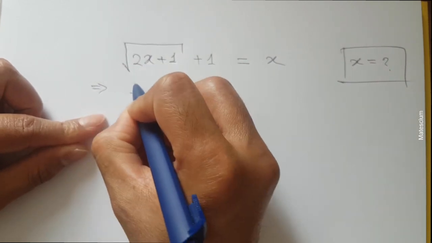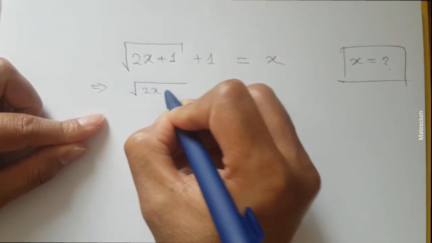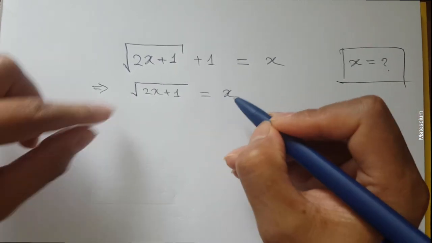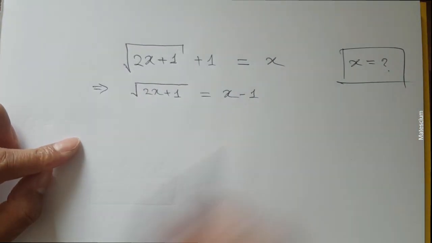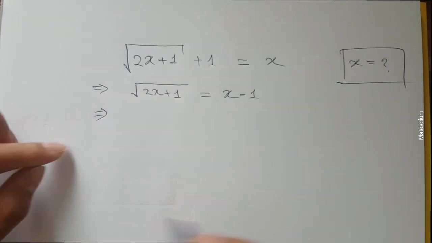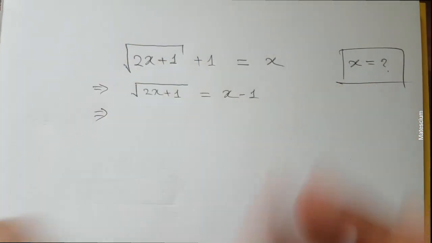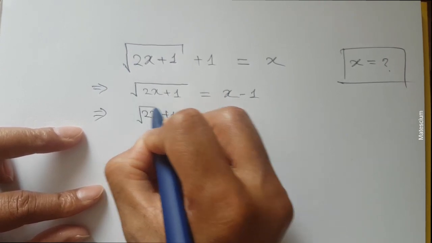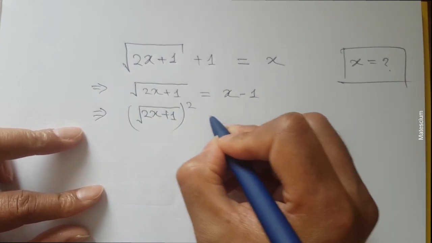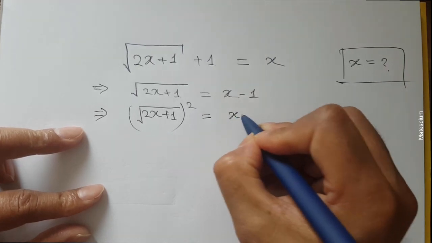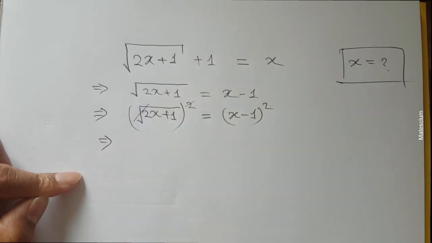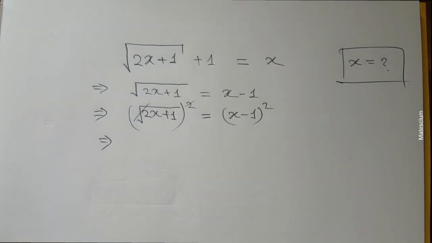Let's keep this square root of 2x plus 1 on the left hand side, and then the right hand side will be x minus 1, right? And then I'm squaring both the left hand side and right hand side. So it will be the square root of 2x plus 1, squared, which is equal to x minus 1 squared. This square and this square root vanish. They eliminate or cancel each other.